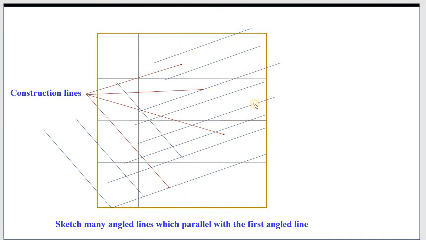The lines you see right here are called construction lines. Construction lines are lines to support your project later when you sketch or draw. You create many lines like that, and you try your best to make them very light, because later when you sketch the object you need it darker.